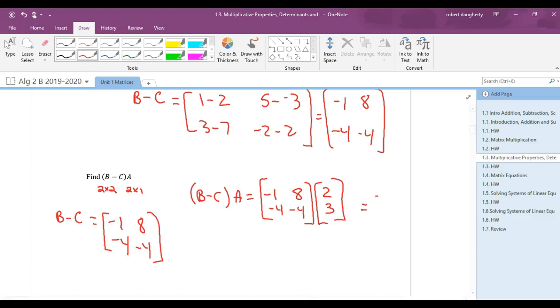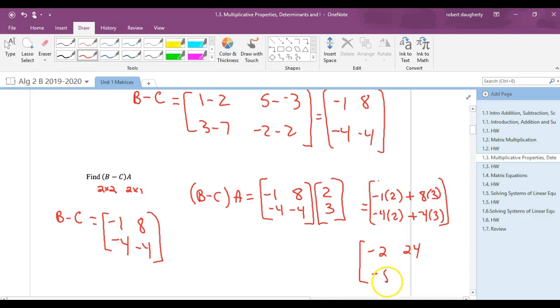So that's negative 1 times 2 plus 8 times 3, and then negative 4 times 2 plus negative 4 times 3. So this is negative 2, 24, negative 8, negative 12.